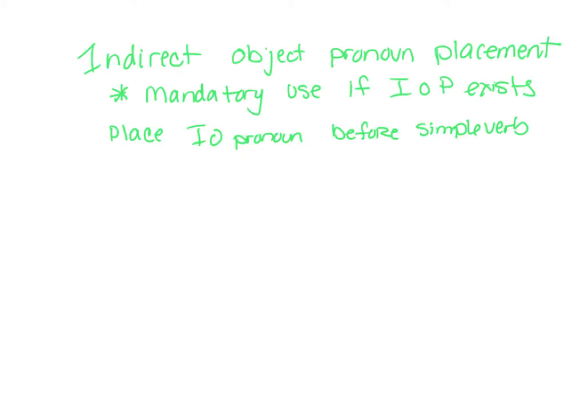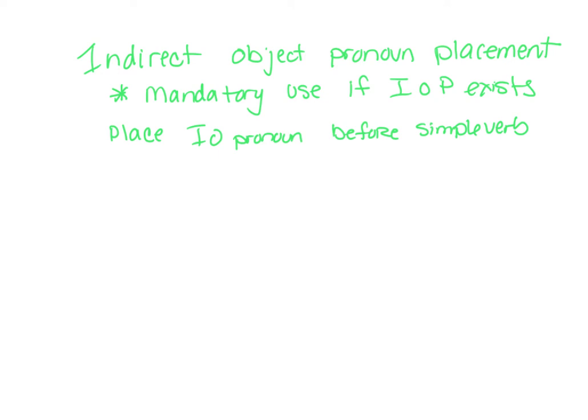Okay, and here we're finally at where we were supposed to be here today. Okay, so indirect object pronoun, where do we put them? We're going to put them before your verb, before a simple verb. A simple verb just means a verb that has one word. It's not a verb that has a participle at the end or infinitive at the end with two parts. It's just one word verb. Okay, this is important to note.